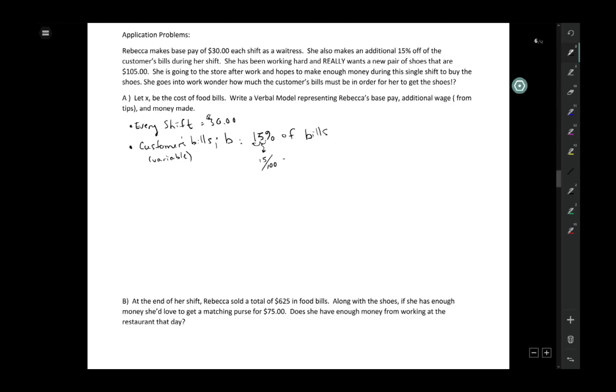So she makes 0.15 of each bill. Okay, $30 when she gets in the door, 15% of each bill.